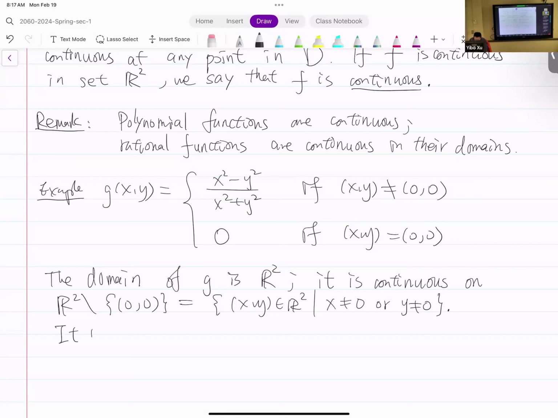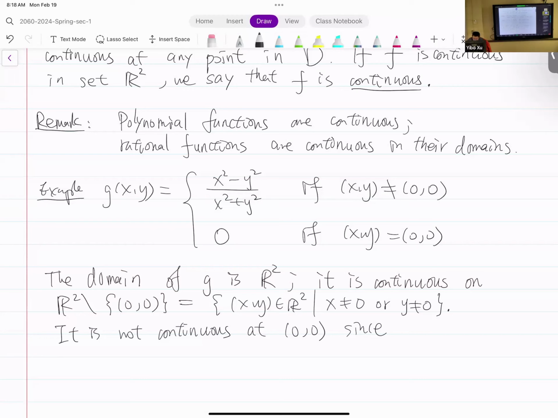And we know it is not continuous at the origin, even though we fill up the functional value of the point. So this is really similar to the situation where you have a univariate function with different limits on the two sides, but then you just put a solid dot there to define the function value.